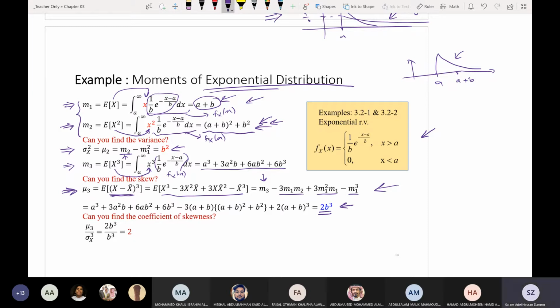Now, if we would like to find the coefficient of skewness, if you remember, the coefficient of skewness is defined as the third central moment, mu3, divided by the standard deviation to the power 3.